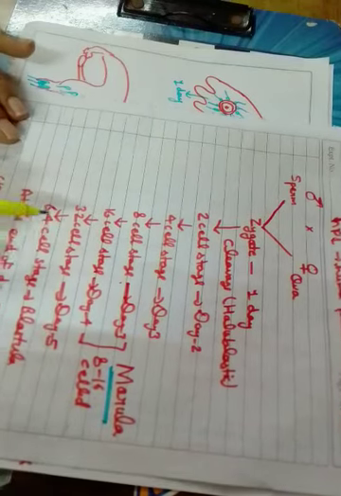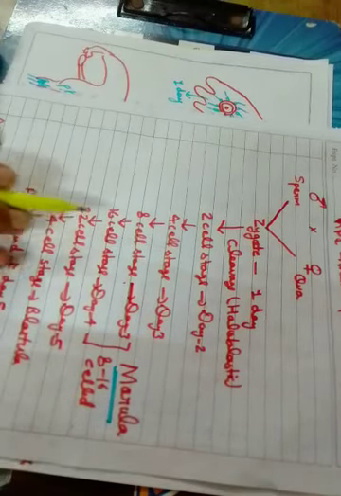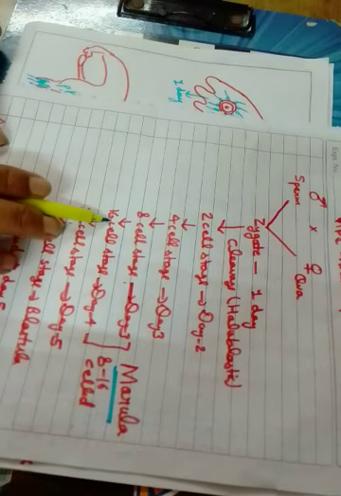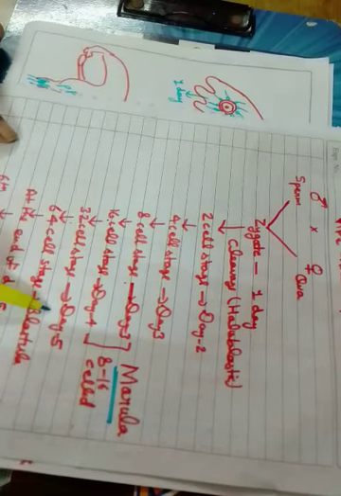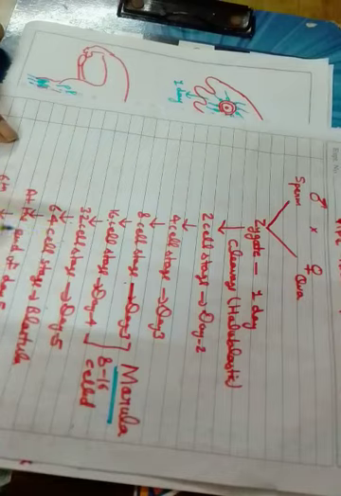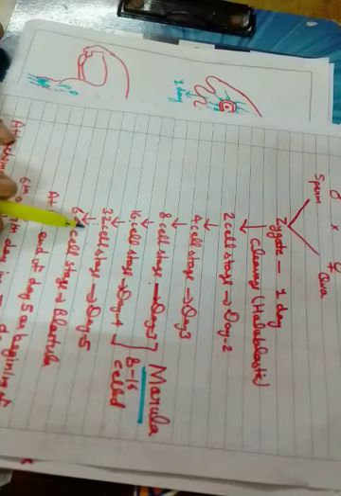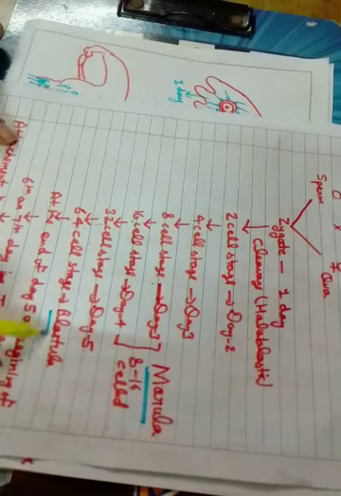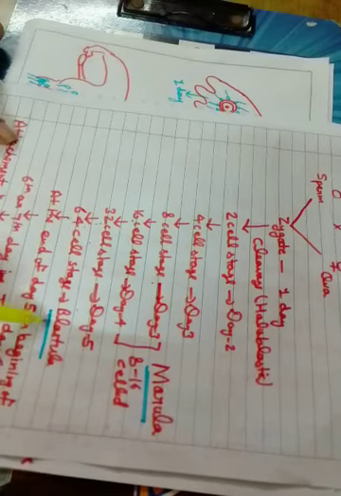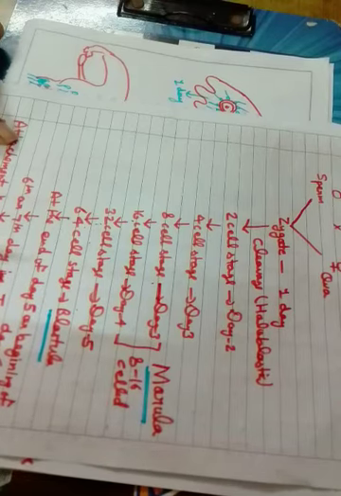Understood? 32 cell stage is formed from 16 under cleavage. Now 64 cells are formed from 32 under holoblastic cleavage. This process, what will be made? We will make a blastula.